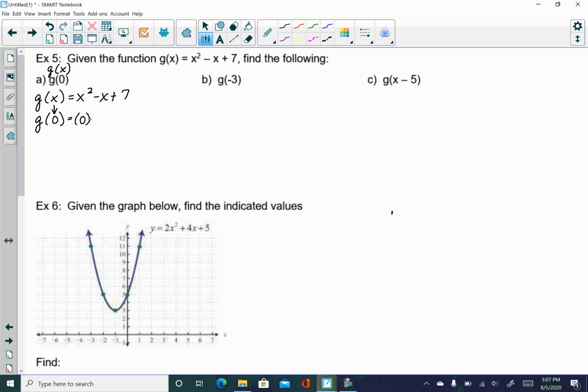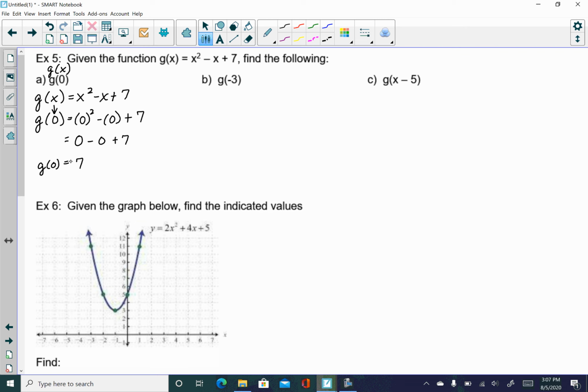And you'll see me throughout this semester, anytime I do any kind of substitution, I always try to use parentheses so that I keep everything straight. So anytime you take a 0 and you square it, of course you get 0, minus 0 plus 7, and so that just equals 7. So g of 0 equals 7.